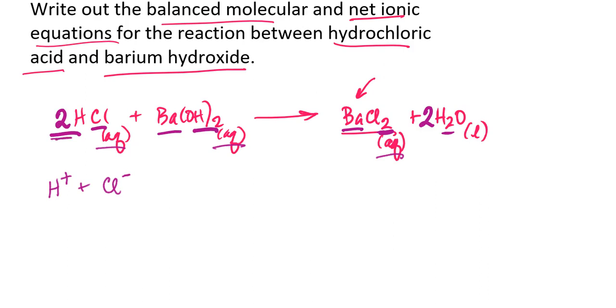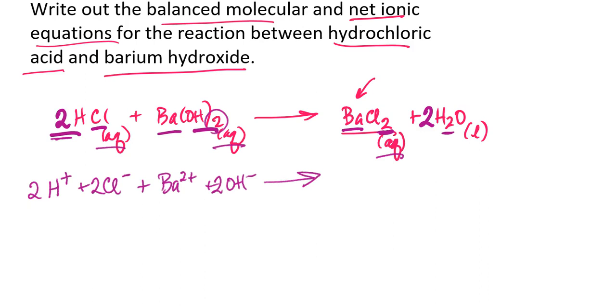However, there was a coefficient of 2, so I should have a coefficient of 2 in front of both of those ions. Then barium hydroxide, well, that would give me barium 2 plus and the hydroxide ion, but there were 2 hydroxide ions present in the balanced molecular equation, so I need 2 hydroxide ions when I start to piece together my total ionic equation.